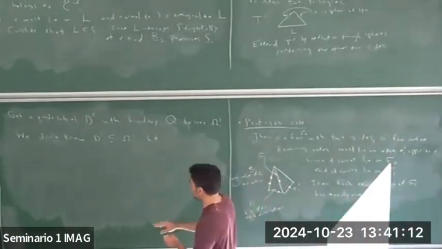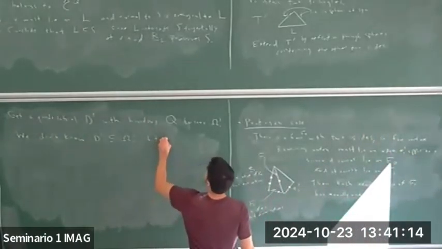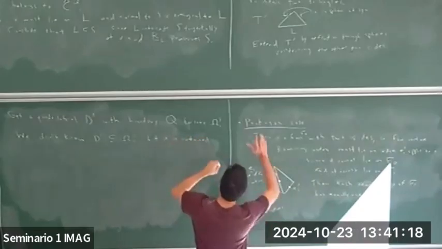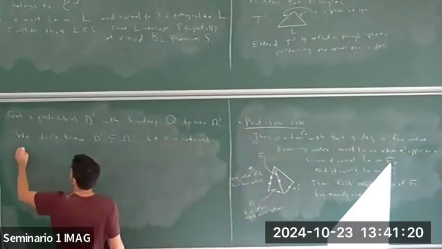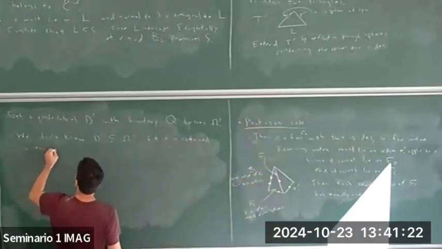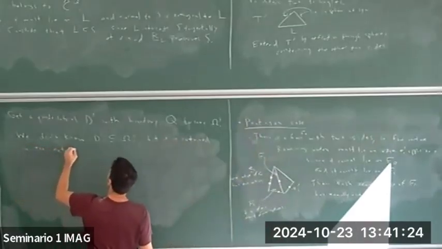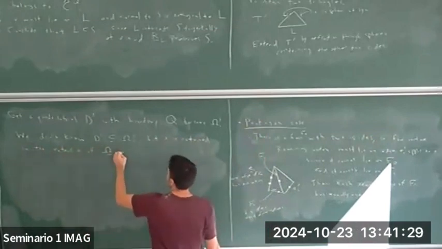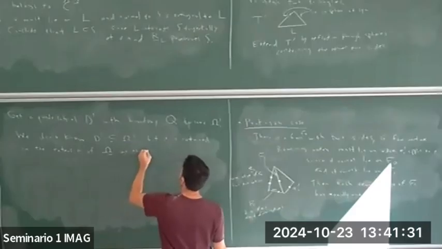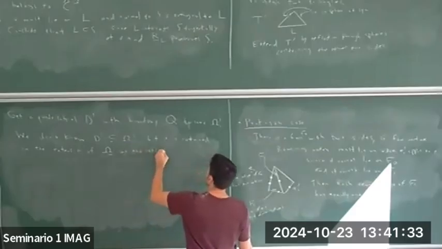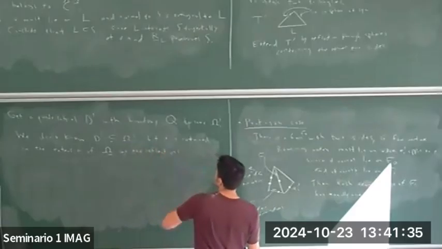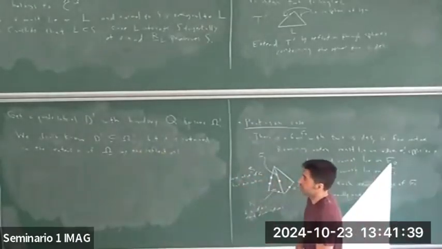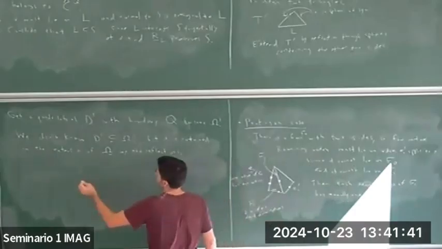So we're guaranteed at least it's contained in the extension of that omega bar by those reflections that we use to extend T prime. And that's enough then to use the maximum principle.